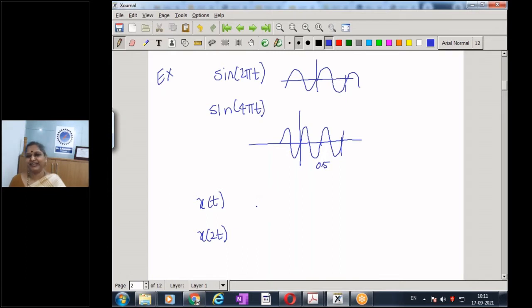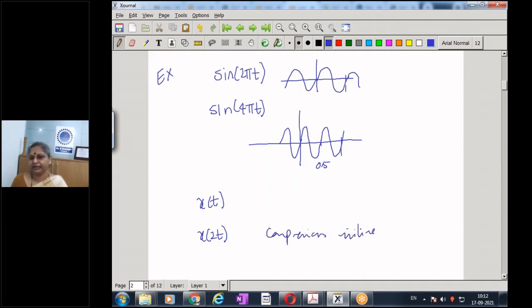Very good. By observing, we are just generalizing, because exact proofs and descriptions are available in any book that your college is following. Here we are just trying to quickly get a conclusion and move ahead, because our aim is to sketch the signal. So if I have x of t, x of 2t is going to be compression in time.